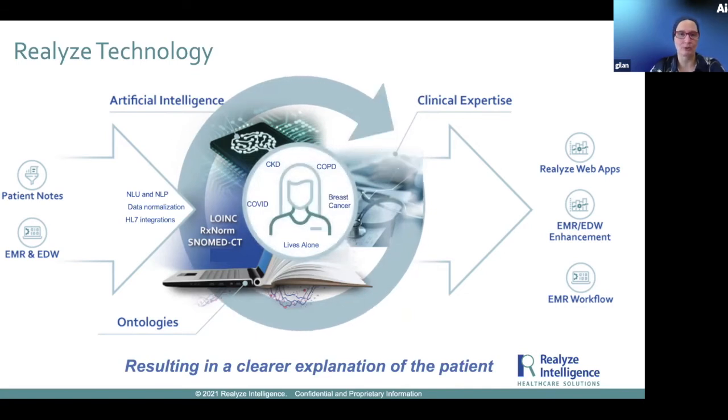By adding all of those and creating these models, we create FHIR-compatible models at a concept level, at a patient level. These models can either go into our Realyze web-based applications, where we give you the prioritized list and detailed information of the patient, or if you have an existing EDW or an EMR, and you just need to enrich the data in that EDW or EMR, we pass it as FHIR models, or eventually in the EMR workflow when appropriate.